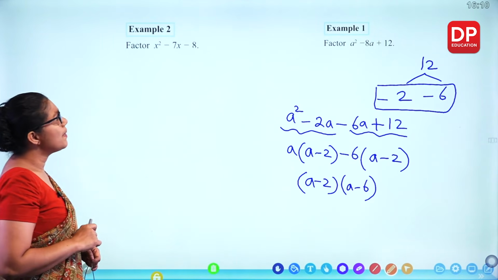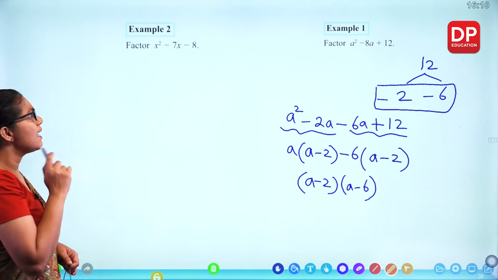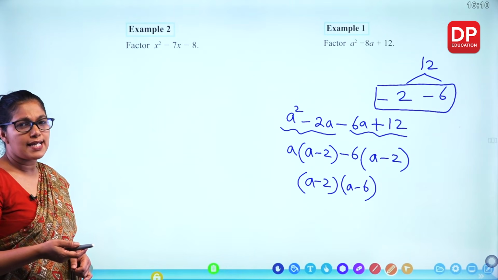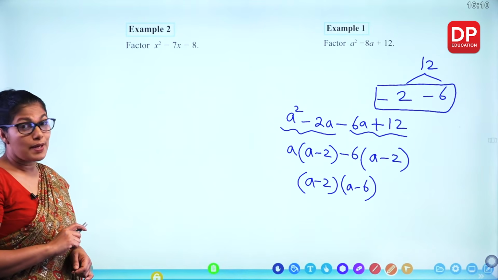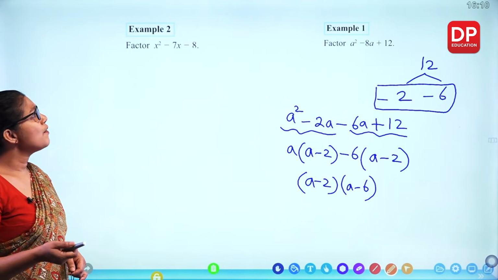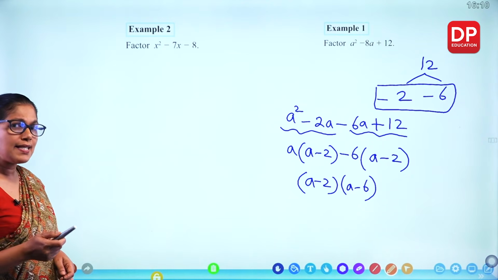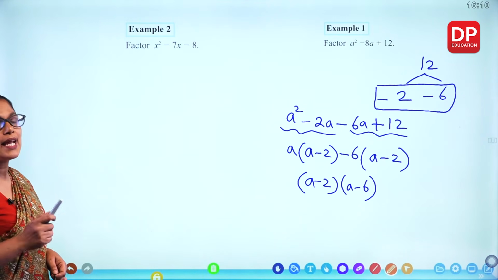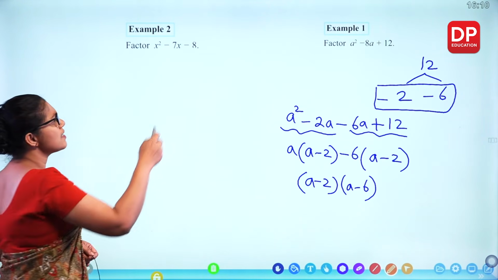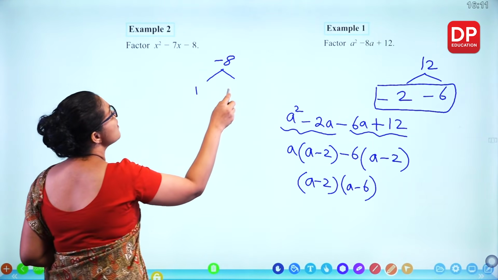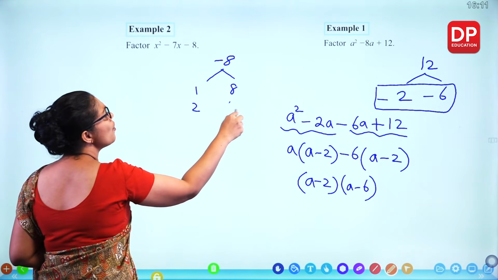In this example, both negative. Last number negative means the two numbers that you are getting should be one positive and one negative. But the middle term is negative, which means the largest number should be negative. So what are the factors of minus 8? You can say 1 with 8, 2 with 4.